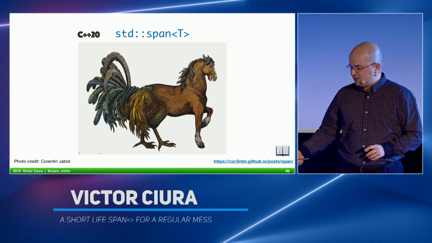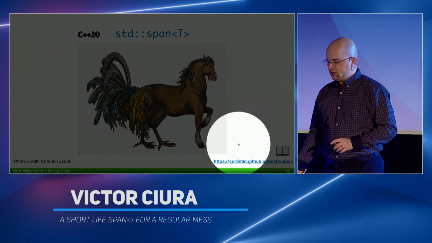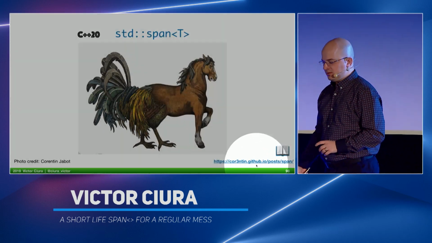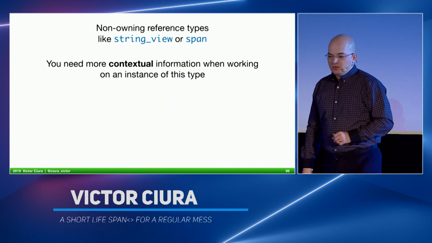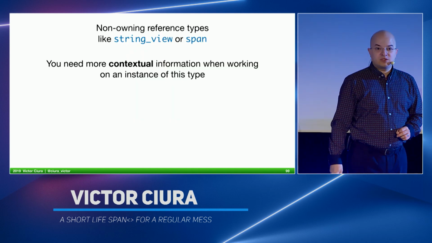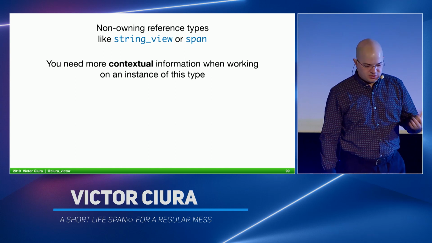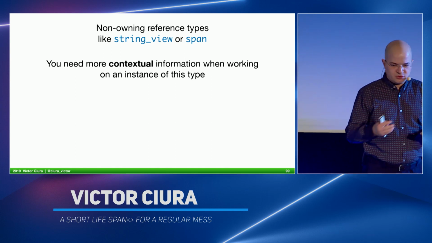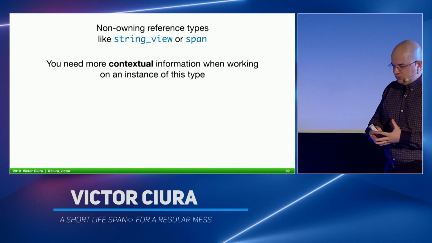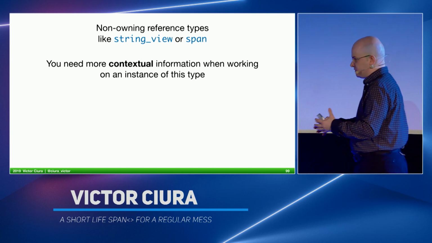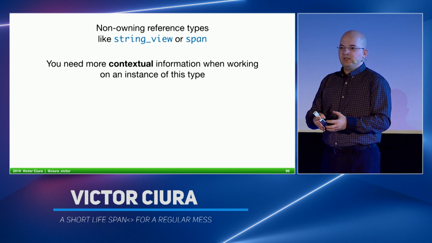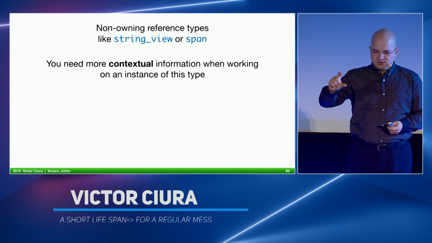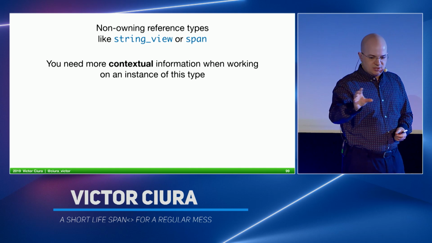There's an interesting article by Corentin Jabot. It's an older one, but it's still relevant about span. For non-owning reference types like string view or span, you need contextual information to reason about instances of such types. For example, when you're doing a code review, it's not enough to analyze just the diff, just the local usage.